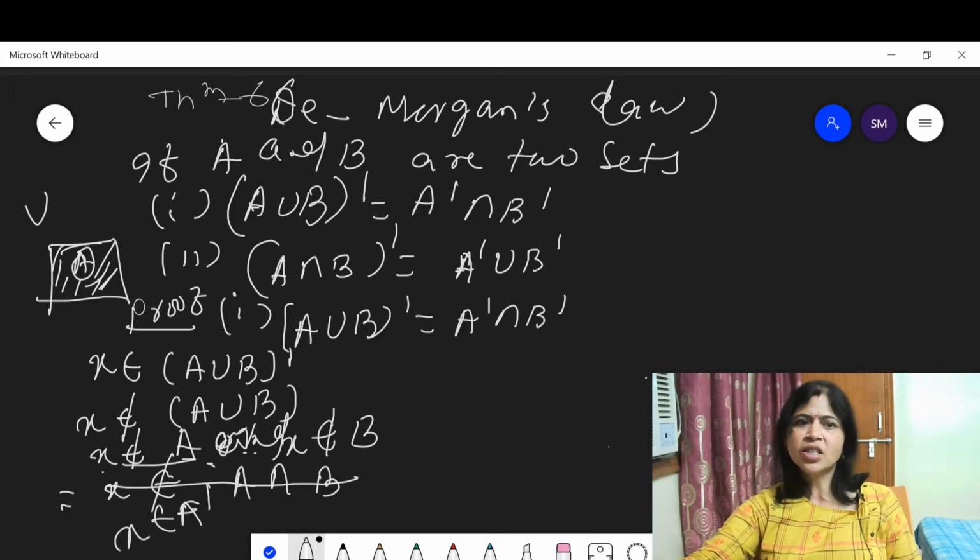If X is not an element of A, this means X is an element of A dash.